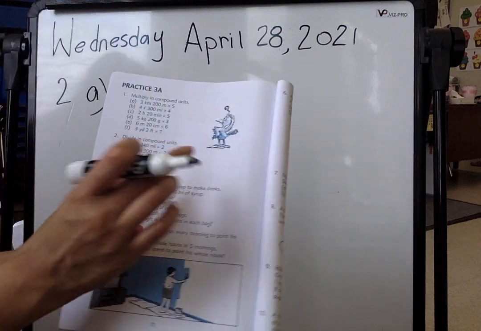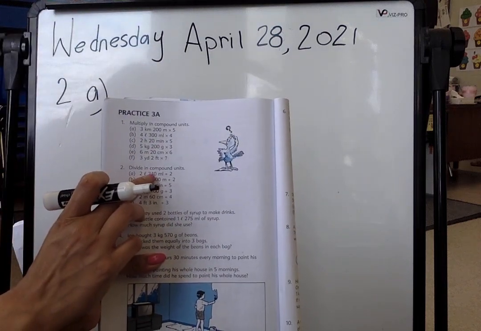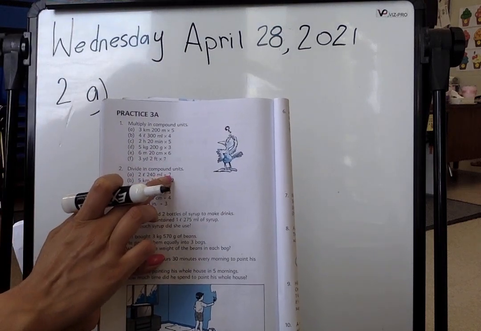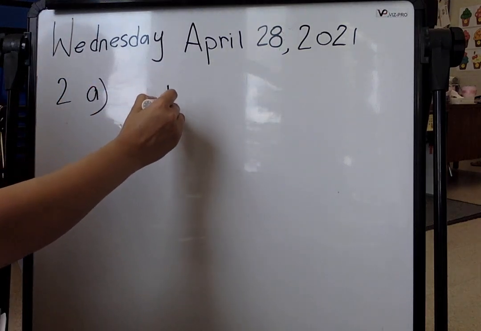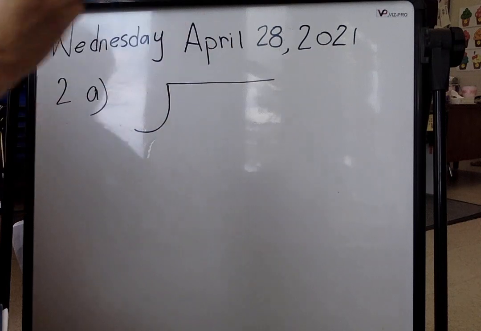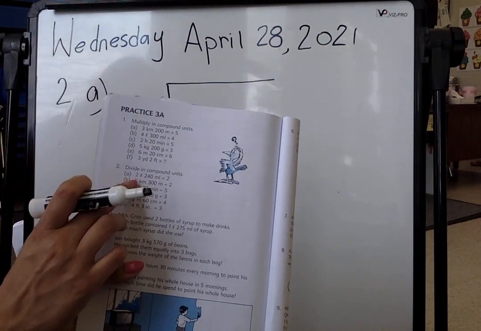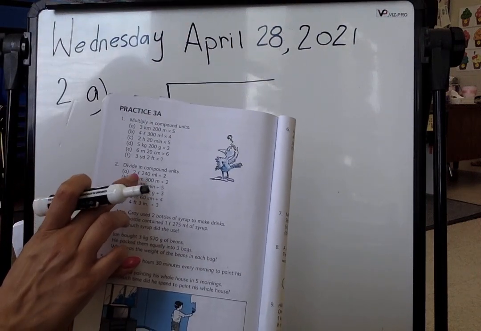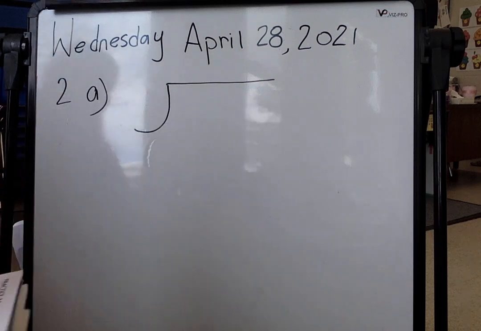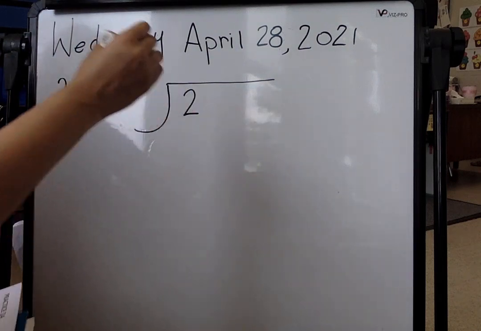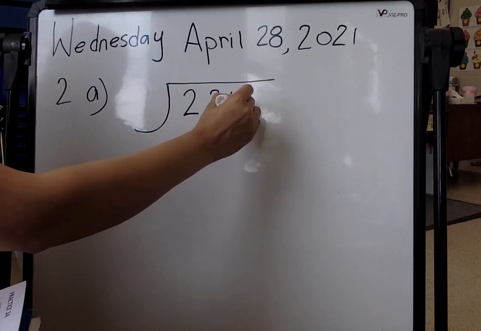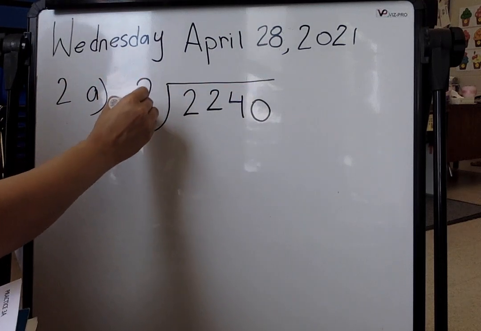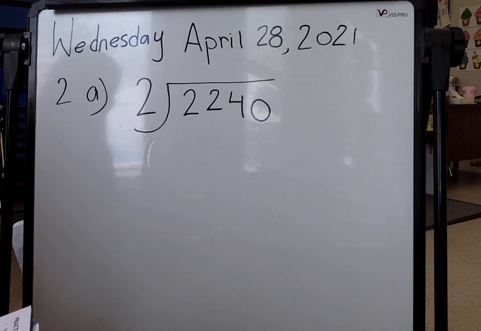Okay, so we have 2A. 2A is 2 liters and 240 milliliters divided by 2, right? So let's go ahead, and again, 1 liter equals 1,000. 2 liters equal 2,000, right? So 2,240, and we're going to divide it by 2.